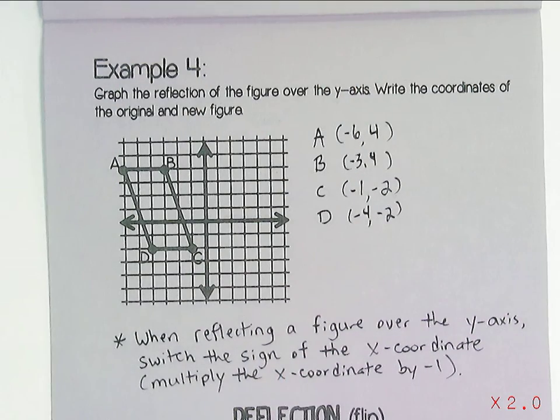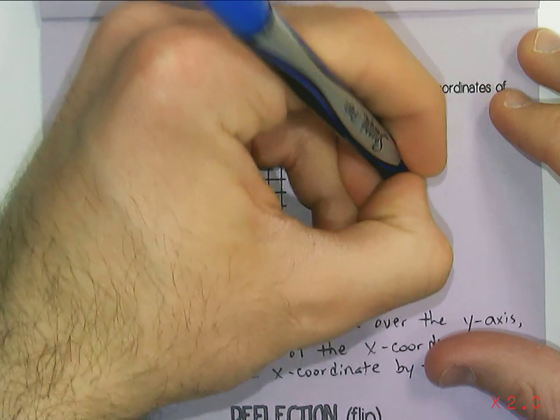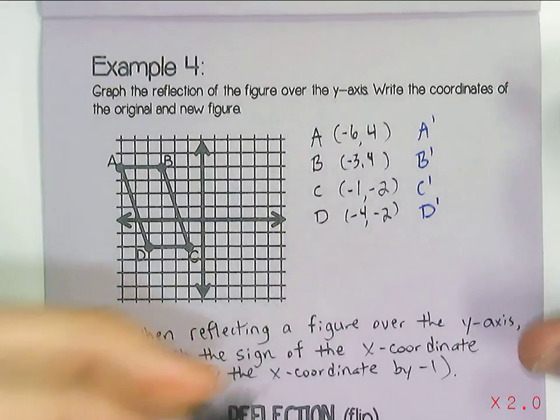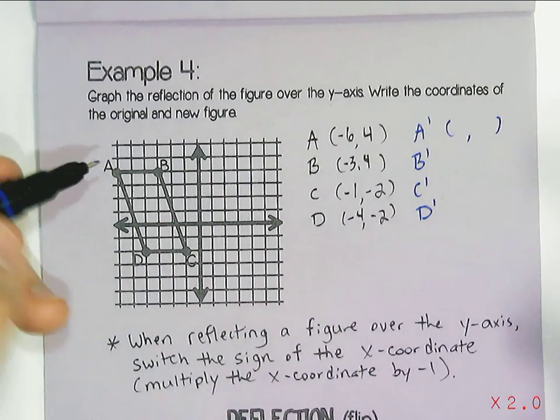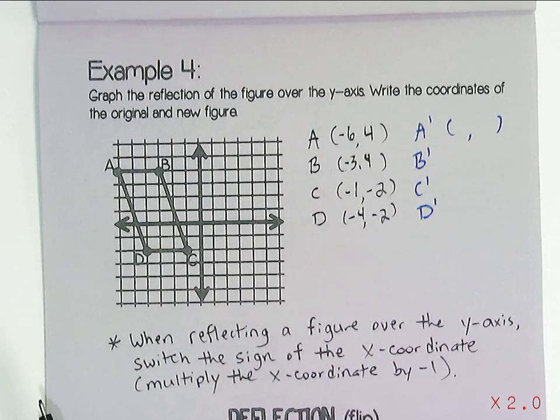Then again, we need to have the points of our new figure. So A prime, B prime, C prime, and D prime. So for A, it says here, when reflecting a figure over the y-axis, switch the sign of the x-coordinate or multiply the x-coordinate by negative 1. Same thing.